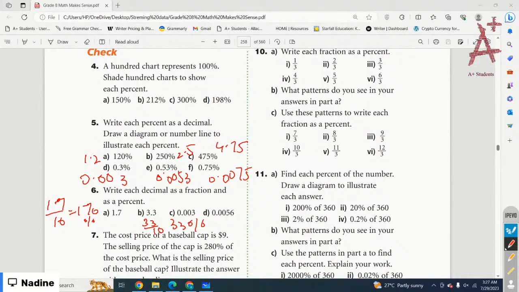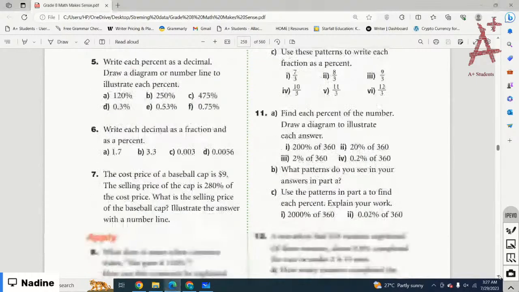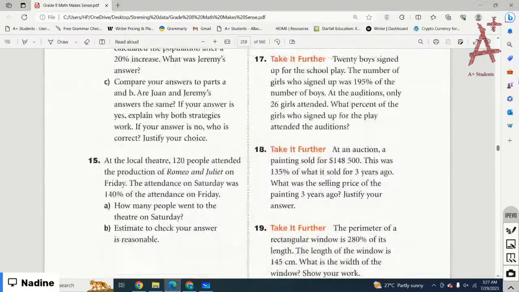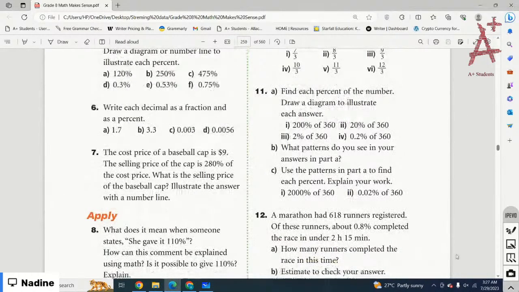Okay, let's just look at question number 9.